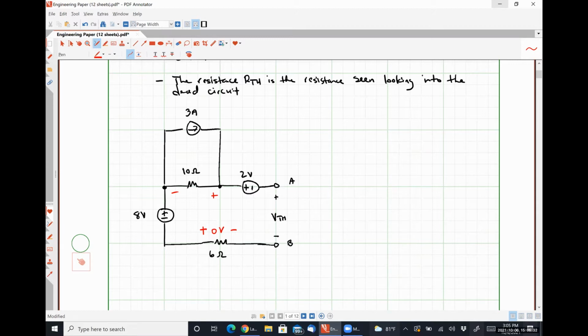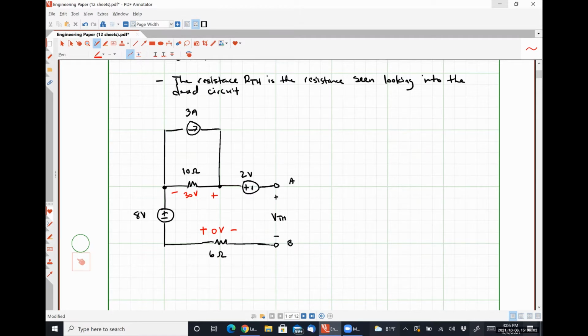So let me rephrase my question. That 3 amp current source is driving 3 amps of current in this circuit. Where's the only place that 3 amps of current can flow? Through that 10 ohm resistor, because the rest of the circuit is open circuited. So by applying good old Ohm's law, we can see that there is a voltage drop of 30 volts with this polarity.